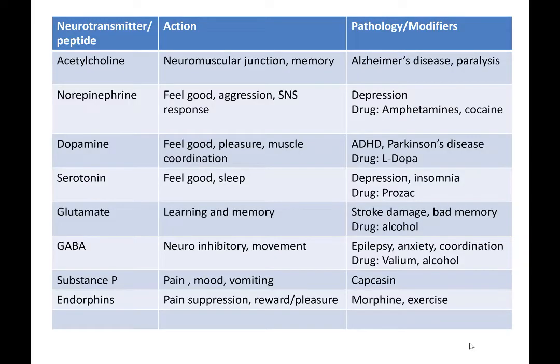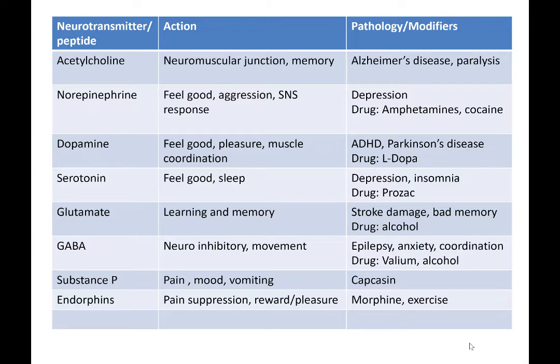Neurotransmitters, this is just your list. So we talked about the synapse, and one neuron releases neurotransmitters. It could be any of these. They just do different things in different parts of the body. Questions about the neurotransmitters would be something along the lines of, which of the following neurotransmitters is involved in muscle contraction?